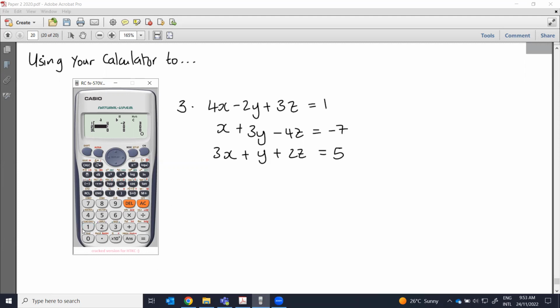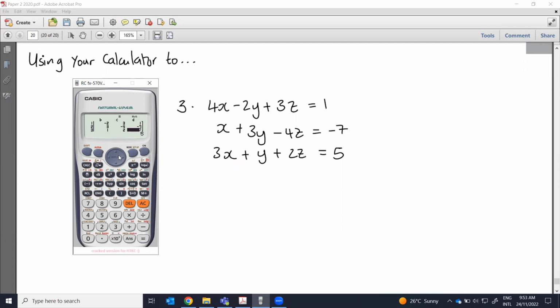The coefficient of x is 1, then 3, then the sign is -4, and the last term is -7. Then equation 3, coefficient of x is 3, and then 1, then 2, and 5 equals.